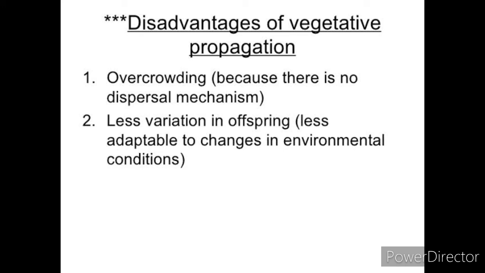Daughter plants tend to remain nearby and are restricted to a particular area, leading to competition for resources. These are the two main disadvantages of vegetative propagation.